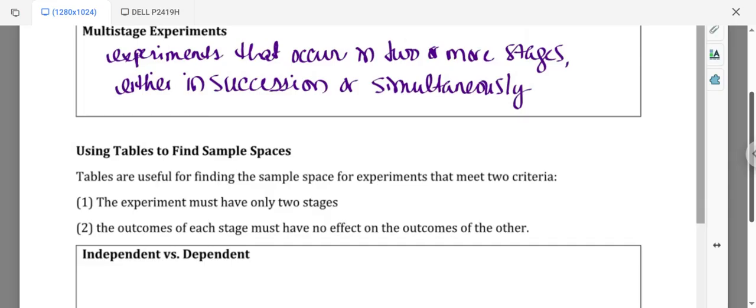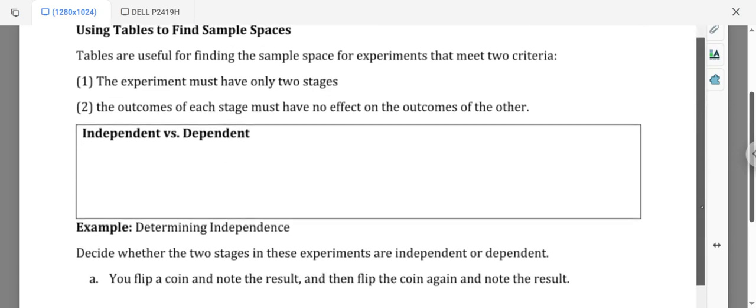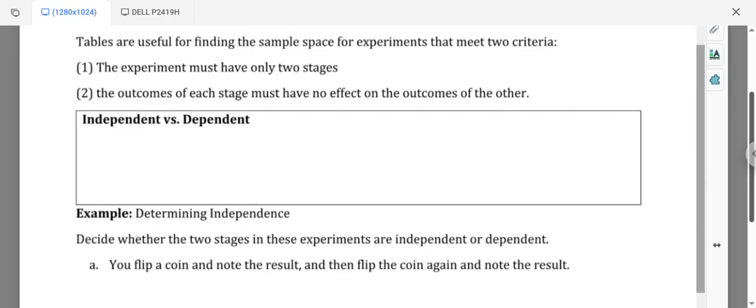Okay? So if we are looking at independent experiments, that means each stage has no effect on the other.